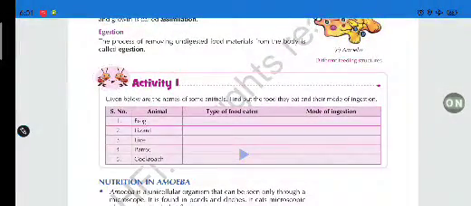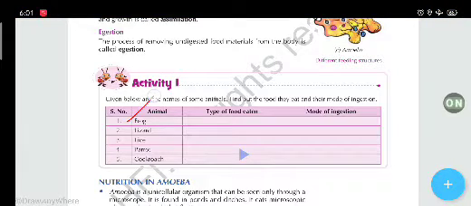Now there is an activity. In the activity, what we have to do: given below are the names of some animals, and find out the food they eat and their mode of ingestion. Here are the names of some animals like the frog, lizard, lice, parrot, and cockroaches.